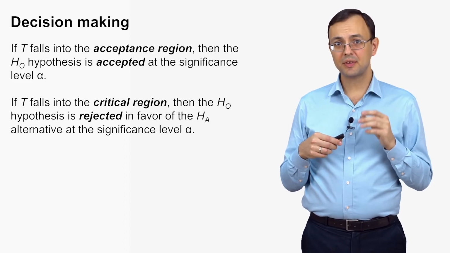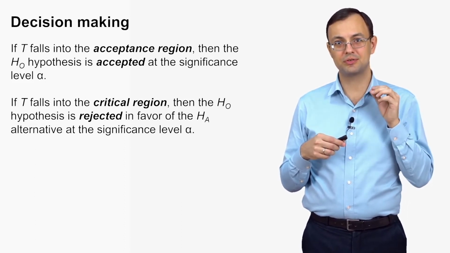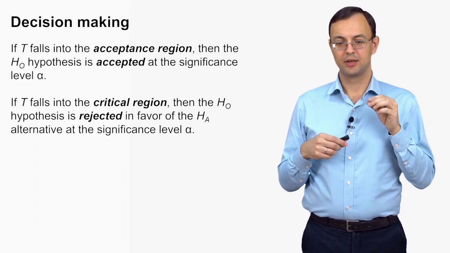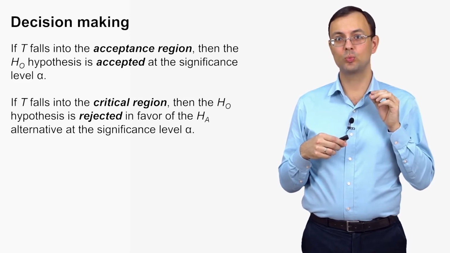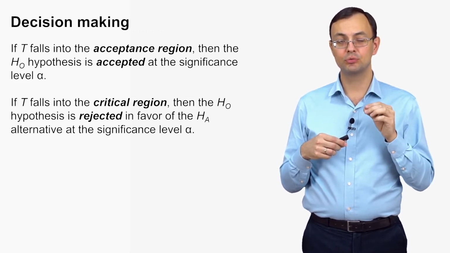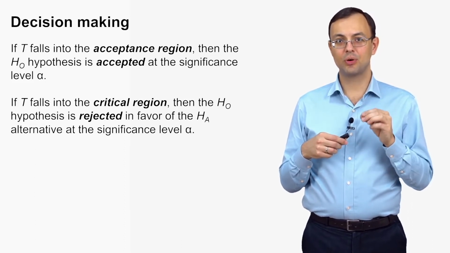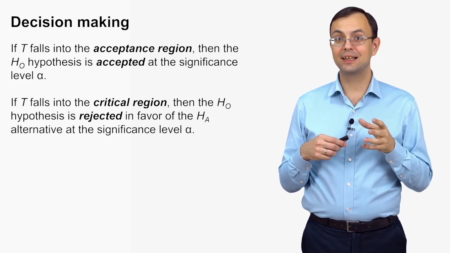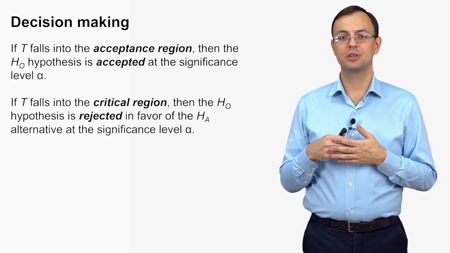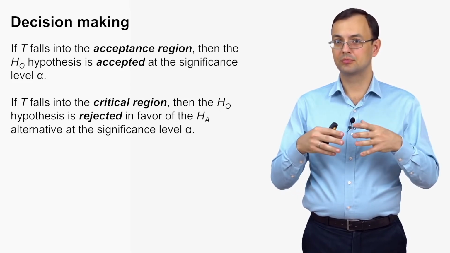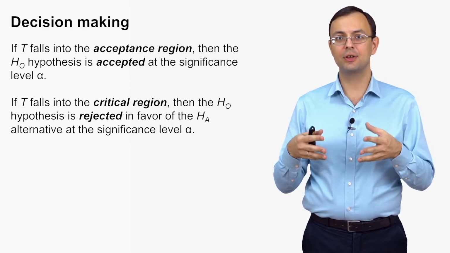So it is very important to understand that we don't give an answer to the question which of the two hypotheses is true. We give an answer to the question which of the two hypotheses is more likely, when we have these observations.